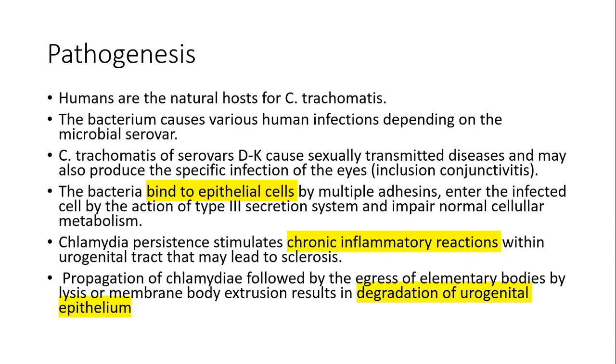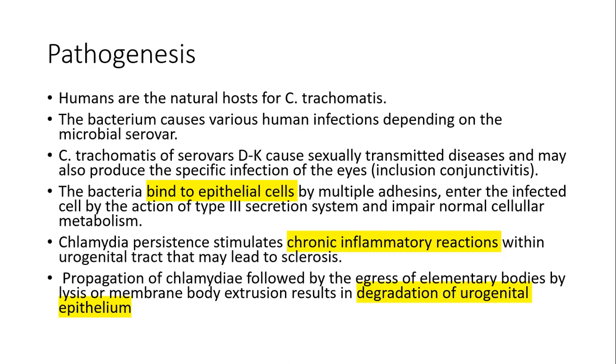Chlamydia trachomatis of serovars D to K cause sexually transmitted diseases and may also produce specific infections of the eyes, inclusion conjunctivitis, trachoma. The bacteria bind to the epithelial cell by multiple adhesins and enter the infected cell by the action of type 3 secretion and impair normal cellular metabolism.